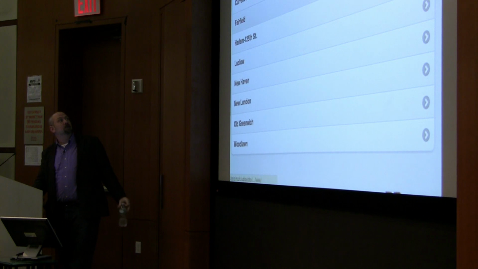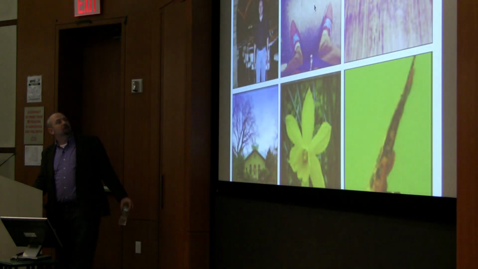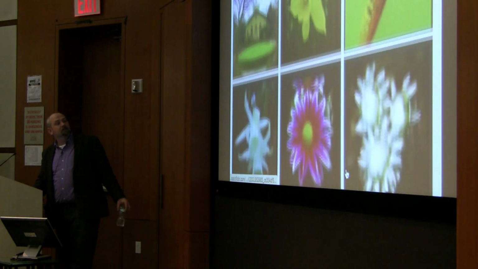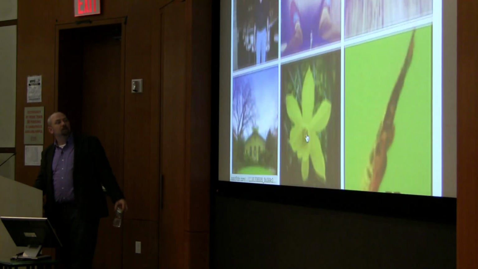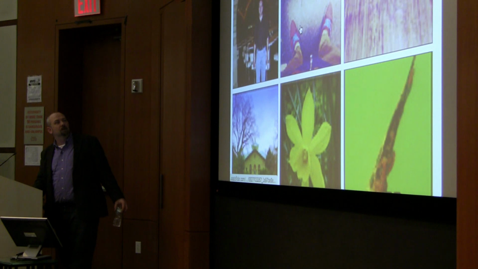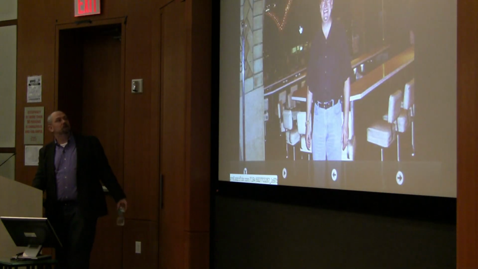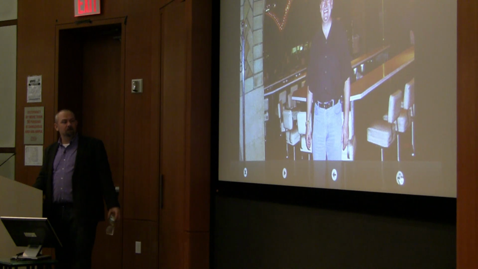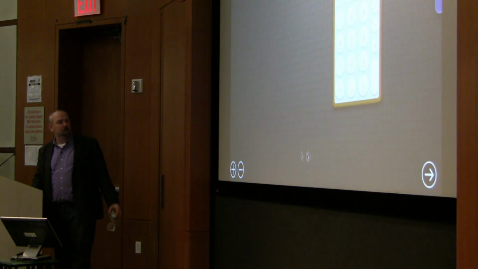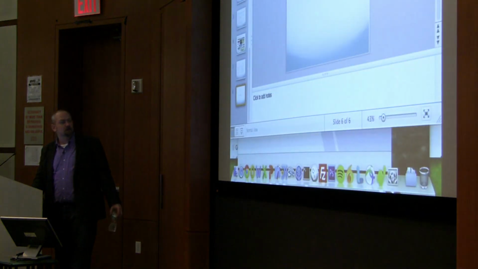I'm connecting to Flickr's API on the back end and doing some searches for geotagged images on Flickr. If we click through here, we can see some geotagged images. I'm using a plugin called PhotoSwipe, which very quickly gives you a nice little swipe gallery.